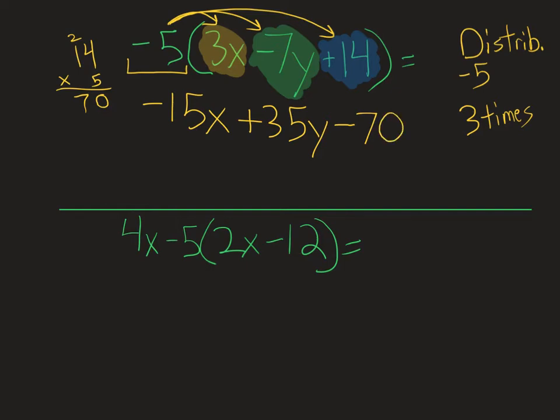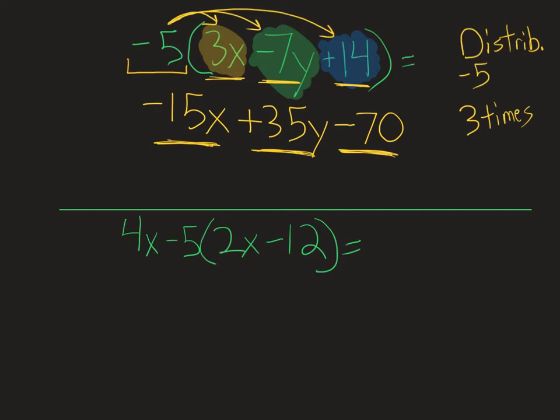Okay, there we go. Notice we started with 3 terms on top. So after distributing, we should still have 3 terms because we're multiplying to each of those. We should start with 3 and then we should end with 3. Whatever you start with, make sure you end with that many. Notice the negative 5 is gone. Sometimes I would see students want to keep a negative 5 out front.